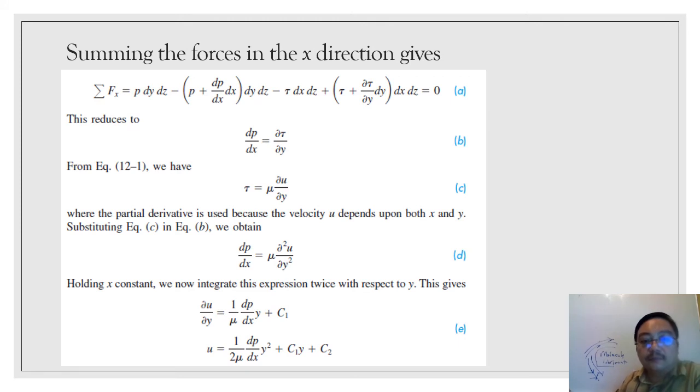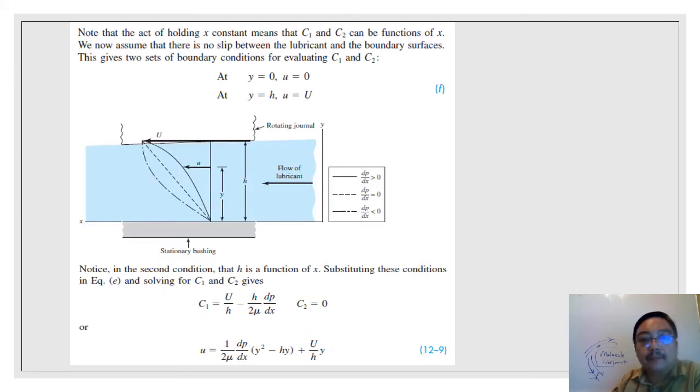Okay, now that the constants of integration, constant 1 and constant 2, can be functions of x, assume there is no slip between lubricant. Okay, and then two sets of conditions, evaluating c1 and c2, you get this equation for u. U is the velocity of the lubricant flowing. Okay, velocity of lubricant flowing.